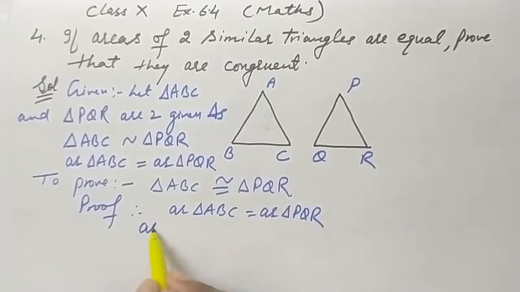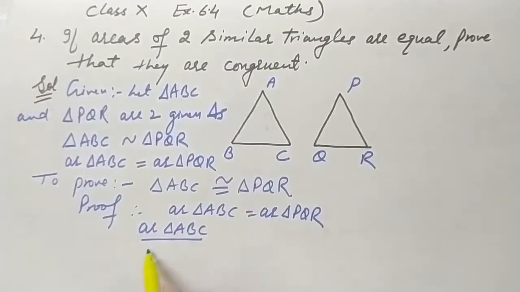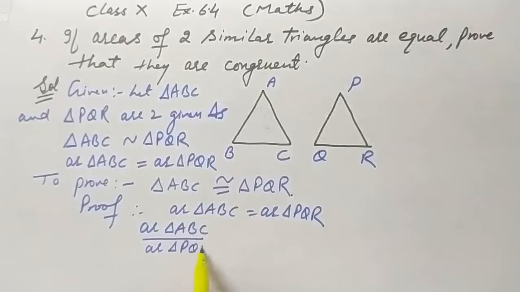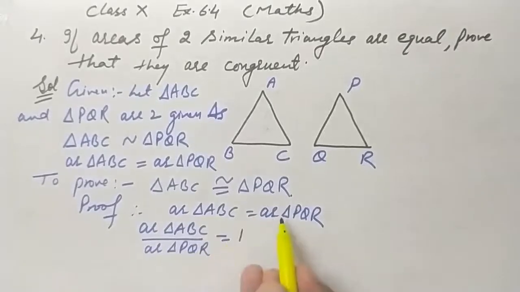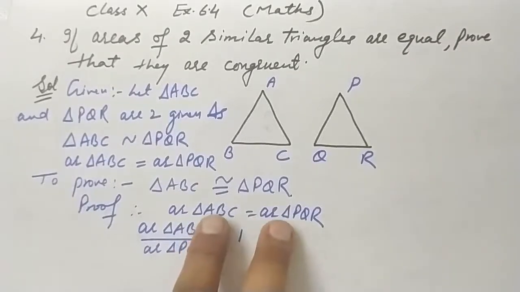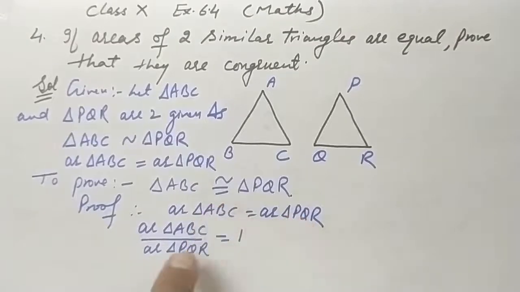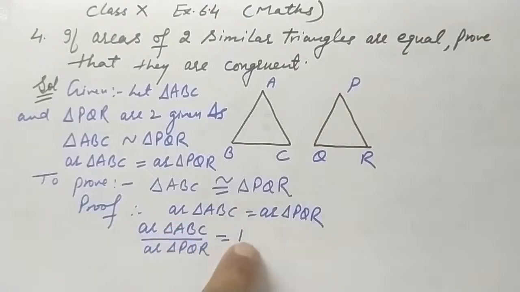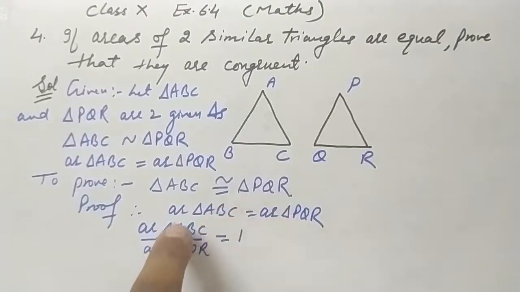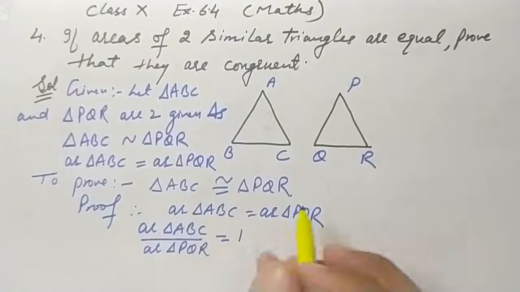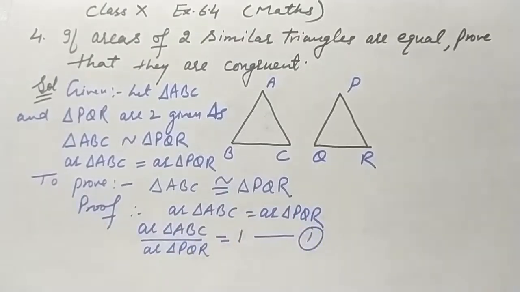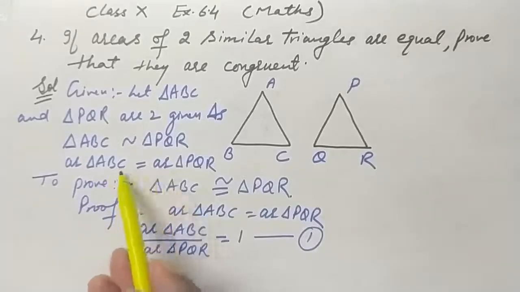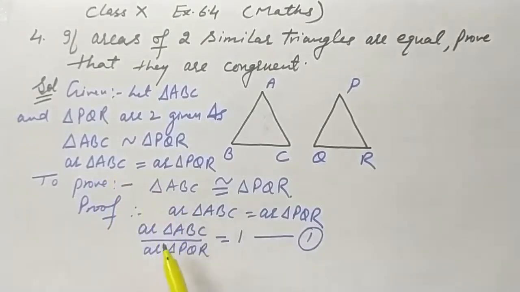So area of triangle ABC over area of triangle PQR is equal to 1. Simply, if two things are equal, then their ratio is always 1. Suppose 5 is equal to 5, then 5 over 5 is 1. Suppose 6 is equal to 6, then 6 over 6 is 1. So their areas ratio is 1. Suppose this is equation number 1.